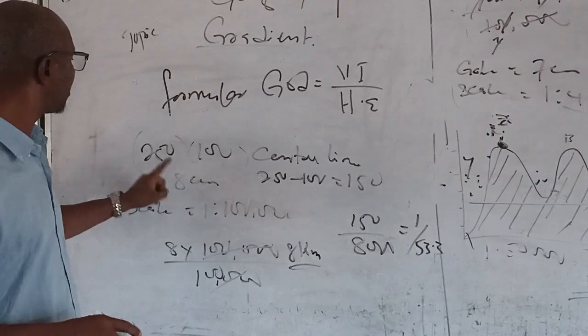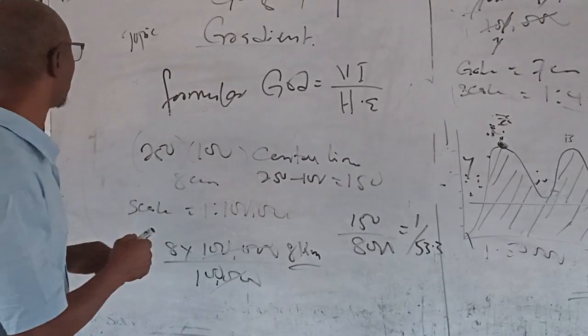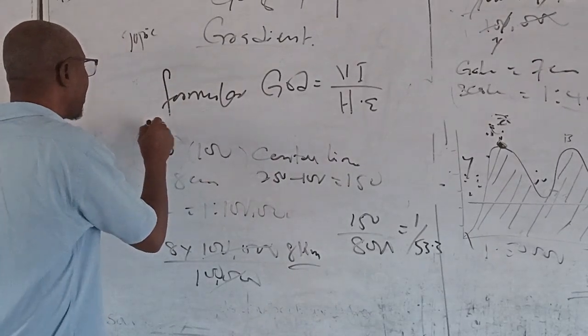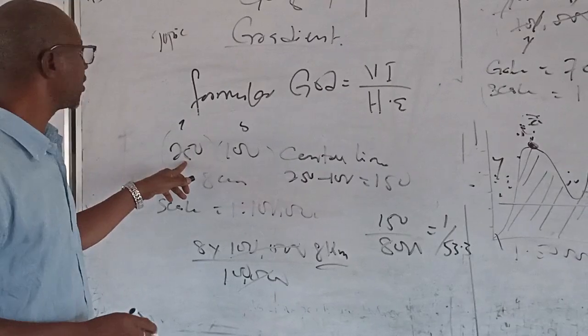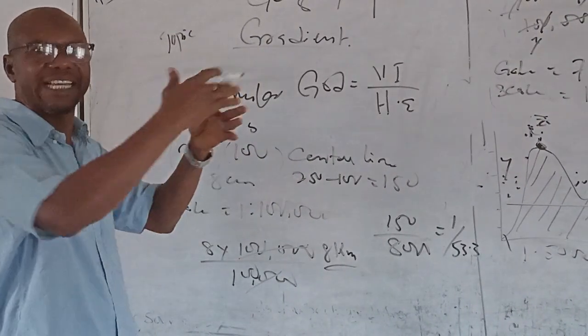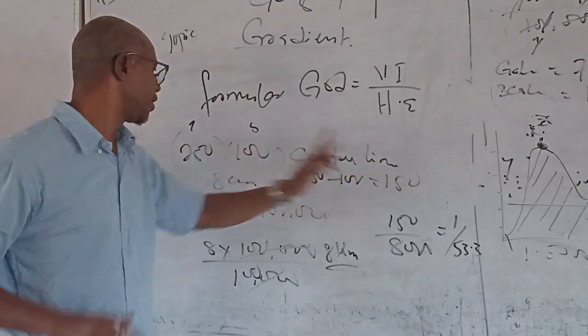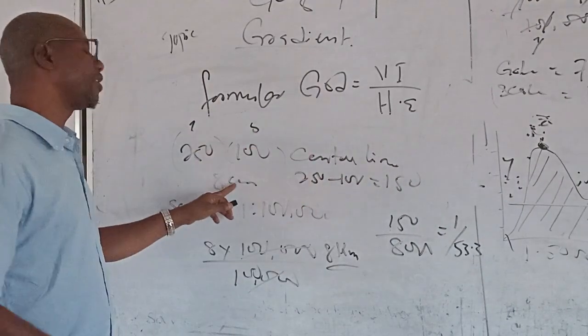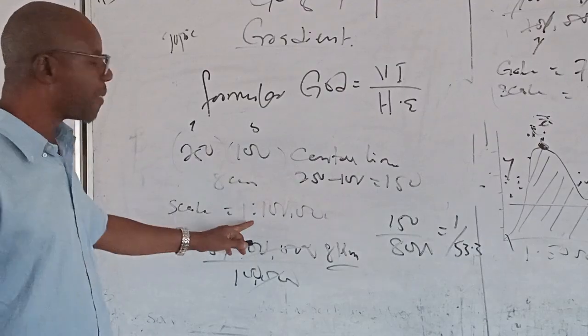I said 250 against 100 for stations A and B. We subtract the contour lines, and we have 150. The distance between them is 8 centimeters. Now, the scale of the map, 1 ratio.